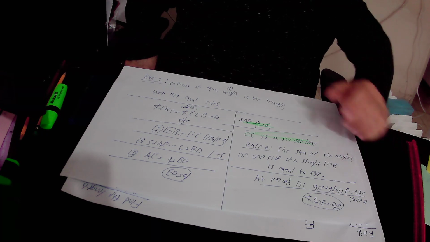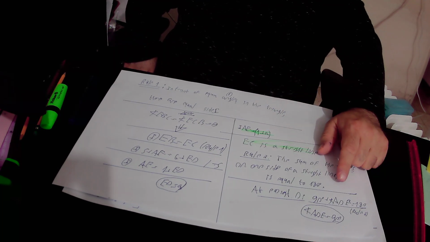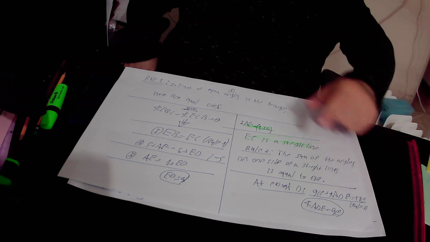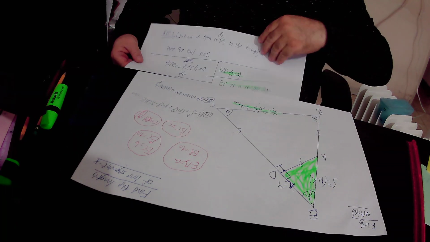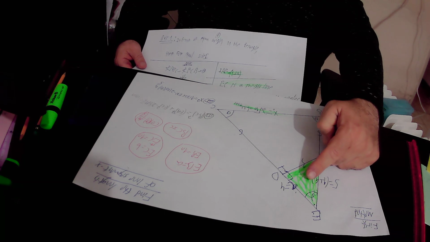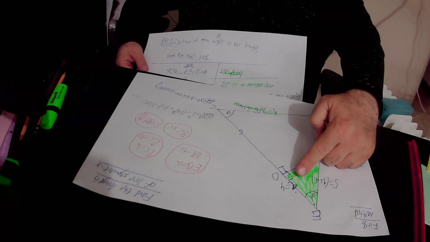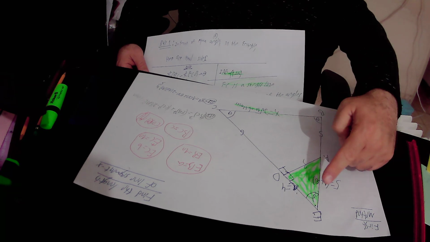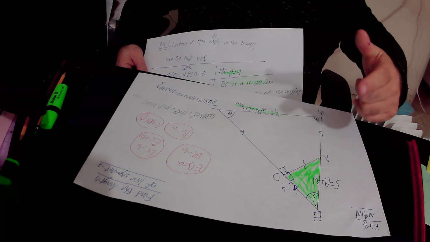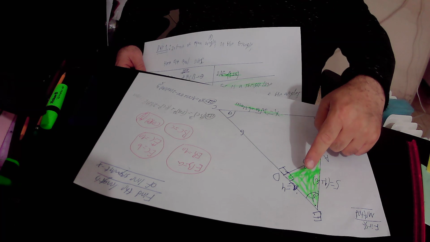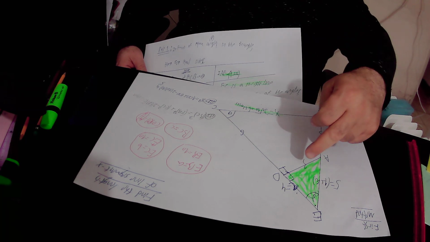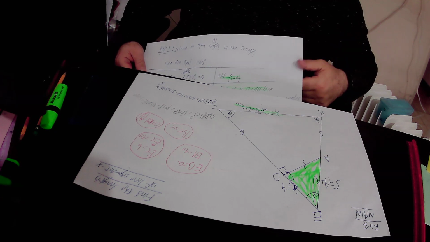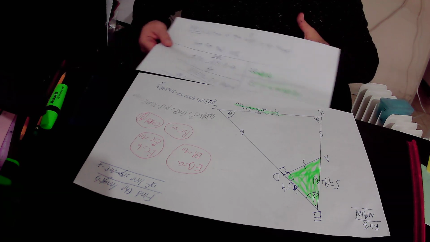We subtracted 90 degrees from this equation and found out that angle ADE, the missing angle, equals to 90 degrees. So if this angle equals to 90 degrees, it means that triangle ADE is a right triangle. So we can implement the Pythagoras theorem on the right green triangle, triangle AED.